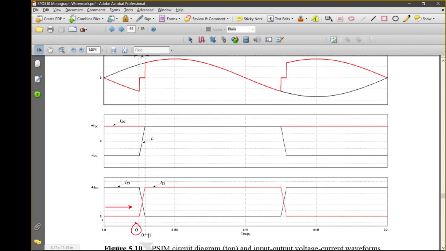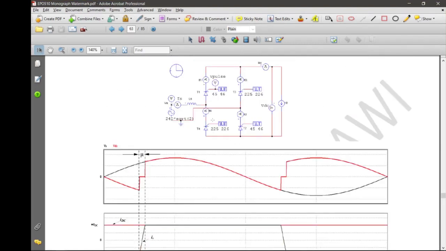So instead of 0 second or 0 radian, now we have alpha degree or alpha radian, so it shifted to the right, and you have this current waveform. The explanation is very similar to what we had before. During the overlap, due to the source inductance here, there is an overlap of current transferring from thyristor 1 to thyristor 3, or vice versa from thyristor 3 to thyristor 1, isn't it?